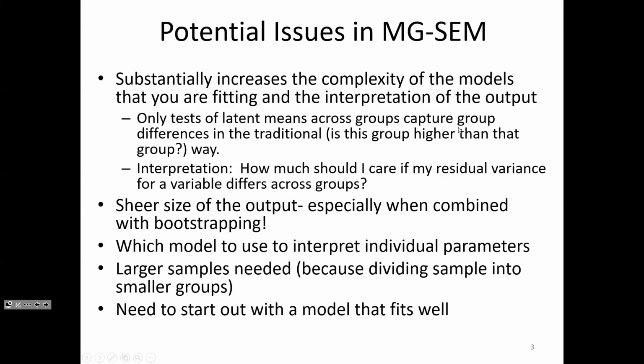But how problematic I should see something as being is more of an evaluative thing. For example, I can tell you how to interpret it if your residual variance for a variable differs across groups. That's different from saying how concerned you should be about it. In some sense, only the substantive researcher can truly answer that question.